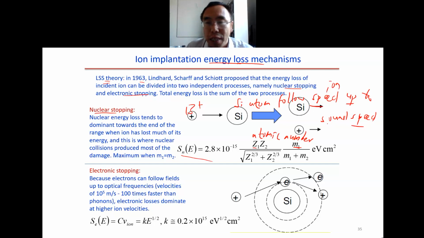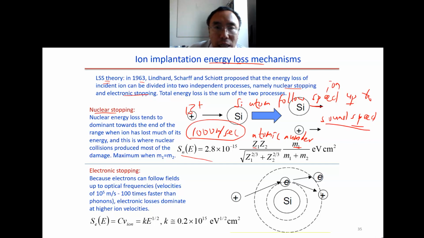The sound speed is the characteristic speed that the lattice atoms can follow. For a solid it is about 1,000 meters per second. So when the ion is below a few thousand meters per second, the silicon can follow. Otherwise, if the ion moves so fast that silicon cannot follow, the energy loss will not be important.